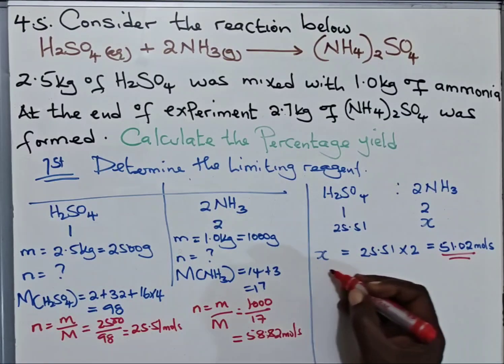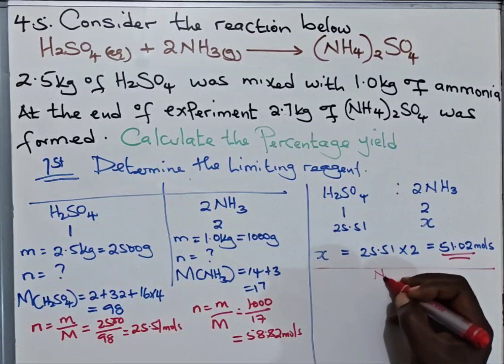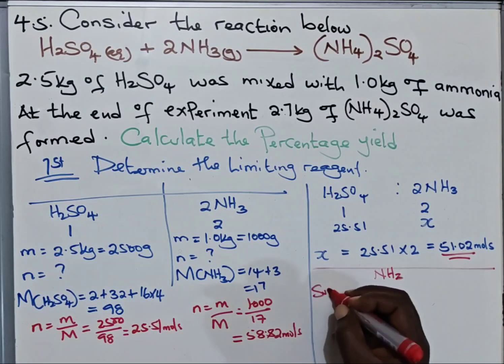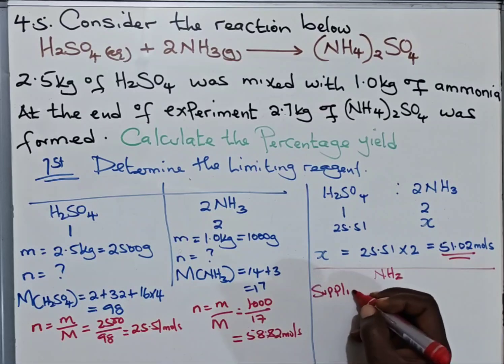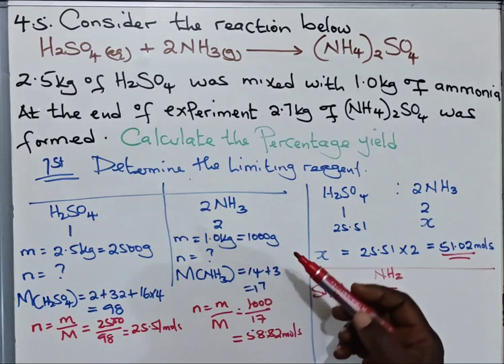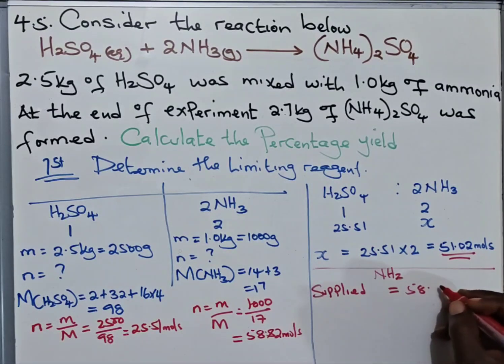So in this case, after here, what do you do? Now you deal with ammonia. So with our ammonia, this is what we know. We know that supplied is going to be equal to what we have here, 58.82.